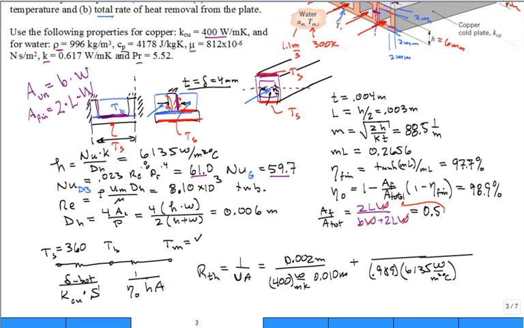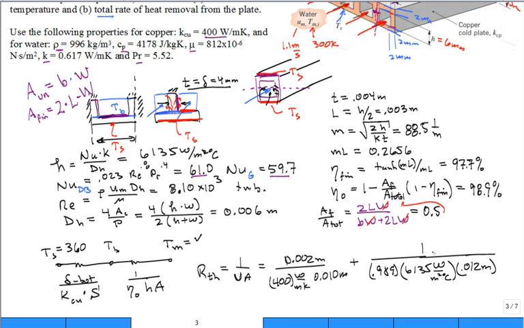And then we have the area for that. If you're doing it for a half channel, what is that area? It's W plus 2 times half H, so it'll be 6 and 6, which is 12 millimeters, 0.012 meters.